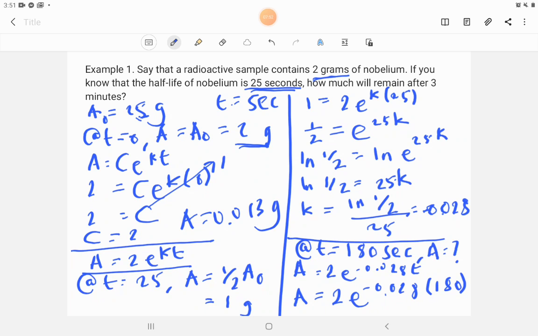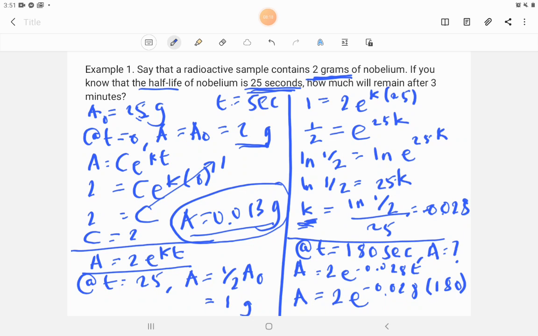Solving for A using your calculators, we obtain a value of 0.013 grams. So from 2 grams, after 25 seconds it becomes 1 gram. After 3 minutes, it becomes 0.013 grams. By the way, k is the proportionality constant, the decay constant of a radioactive substance.